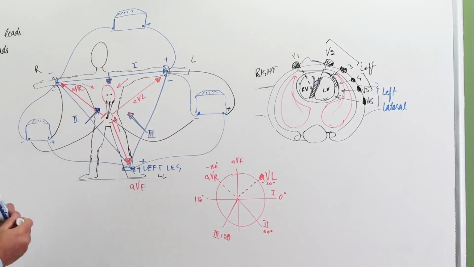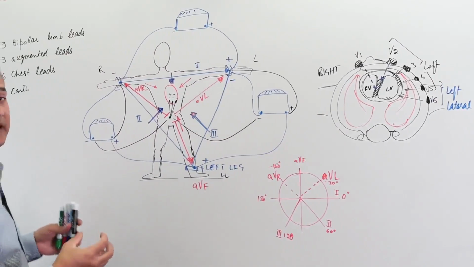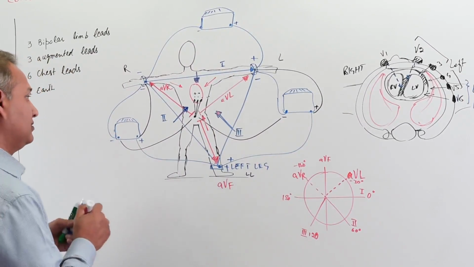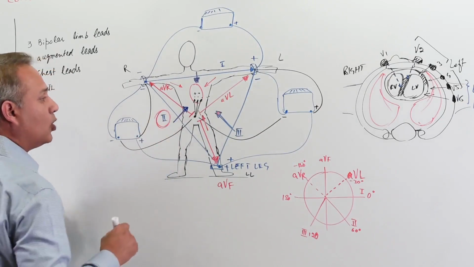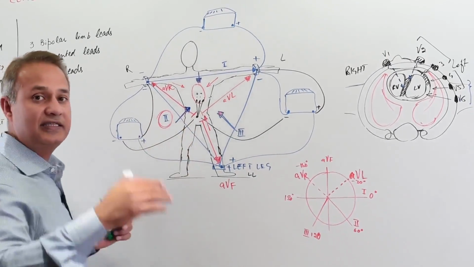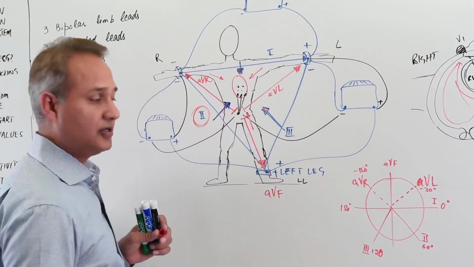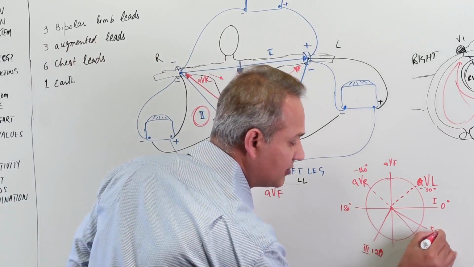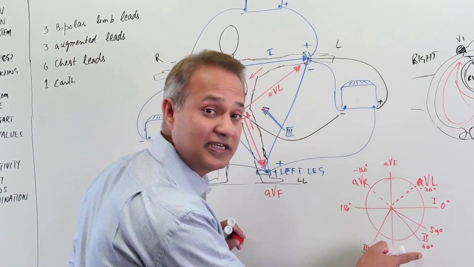Now with this, let's look quickly at how these leads will pick up the problems. First important thing, lead 2 is our hero. Why? Because lead 2 is the most in line with the cardiac axis. Remember, the cardiac axis we did, it is 59 degrees. Lead 2 is 60 degrees.